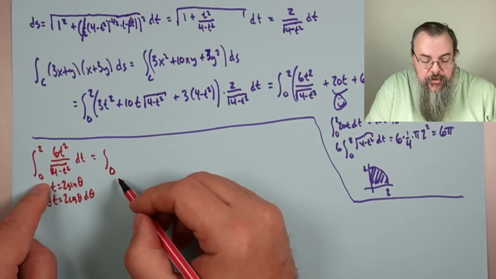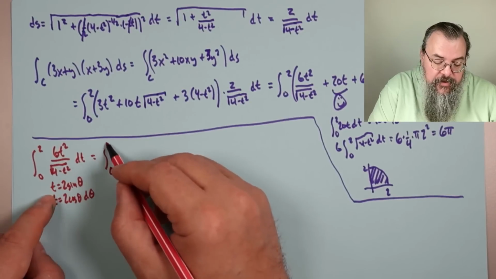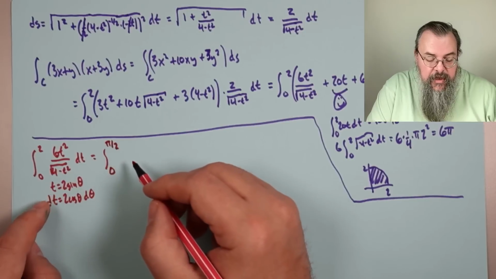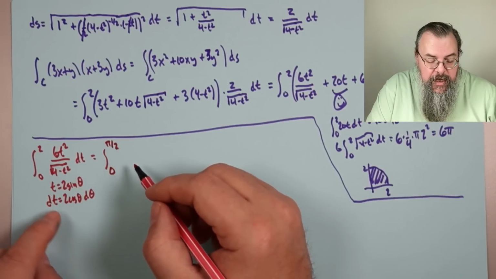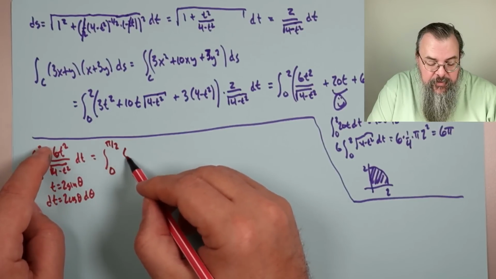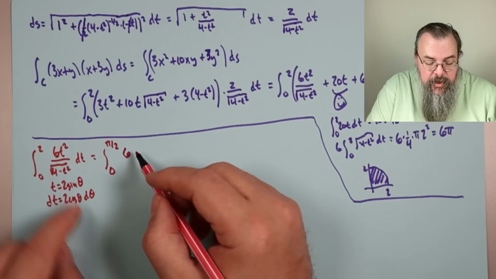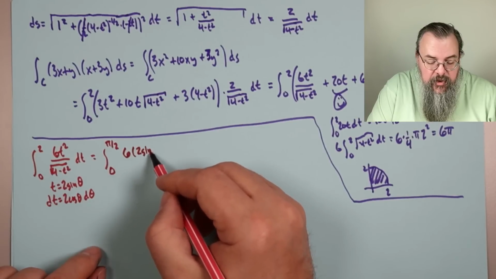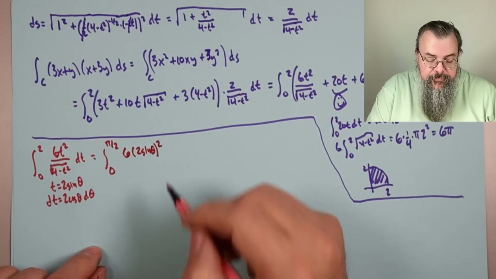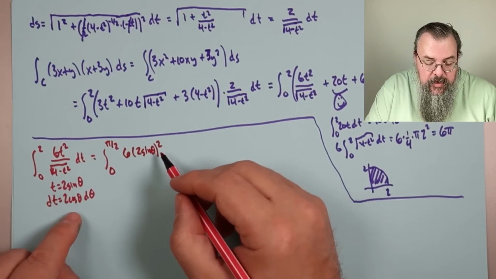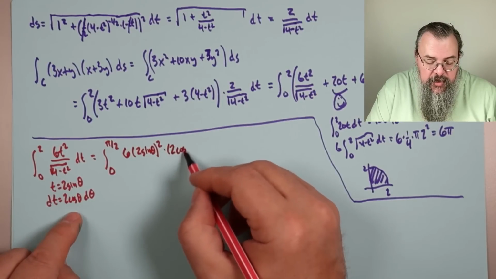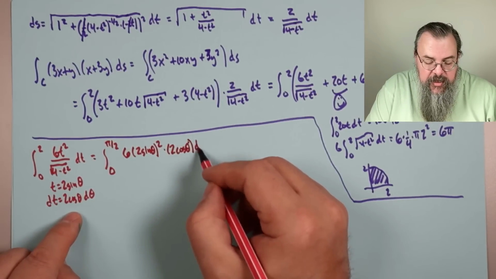For t equals 2, you need sine of theta to equal 1, which gives us pi halves. And what do we have? We have 6, and t squared makes 2 sine theta squared, and then dt is going to be 2 cosine theta d theta.